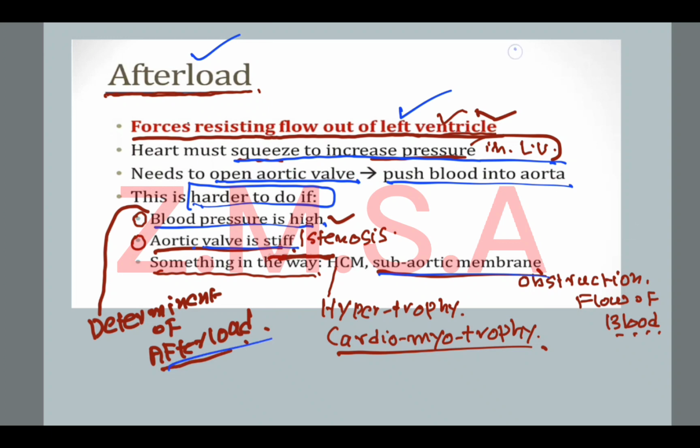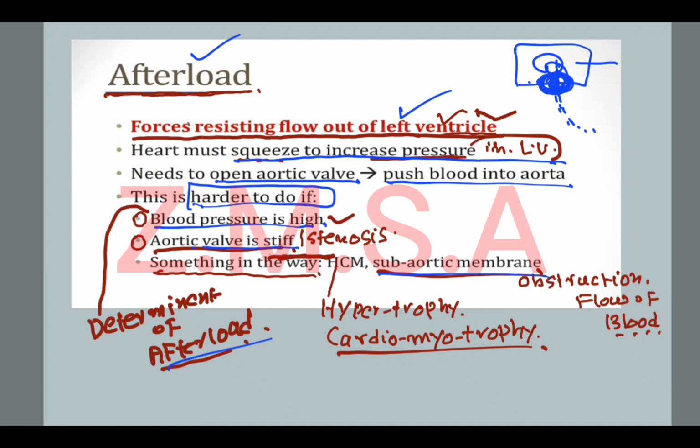So listen here. For example, here is a left ventricle and here is, for example, the aortic valve, and someone suffers from aortic stiffness. If the left ventricle wants to eject the blood from this area, it leads to more force because the patient already suffers from aortic stenosis.